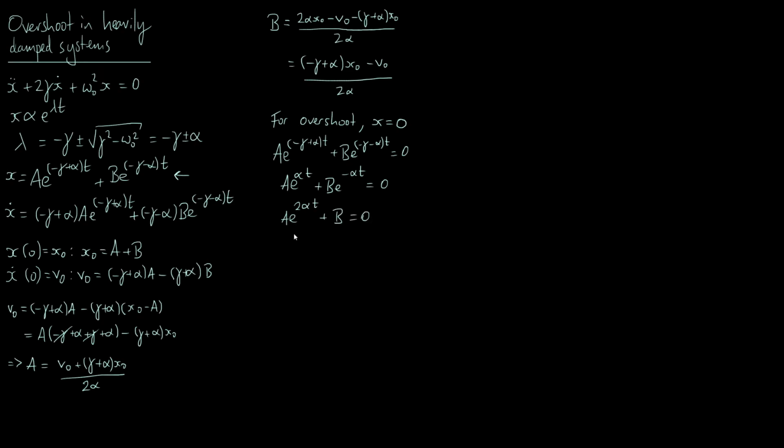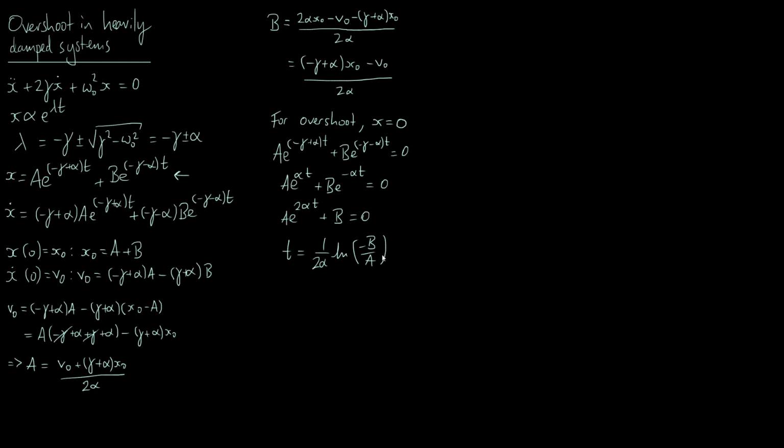And then if you rearrange this, you have to take logs because we're trying to solve for t. You'll find t is equal to 1 over 2 alpha times the natural log of minus b over a.